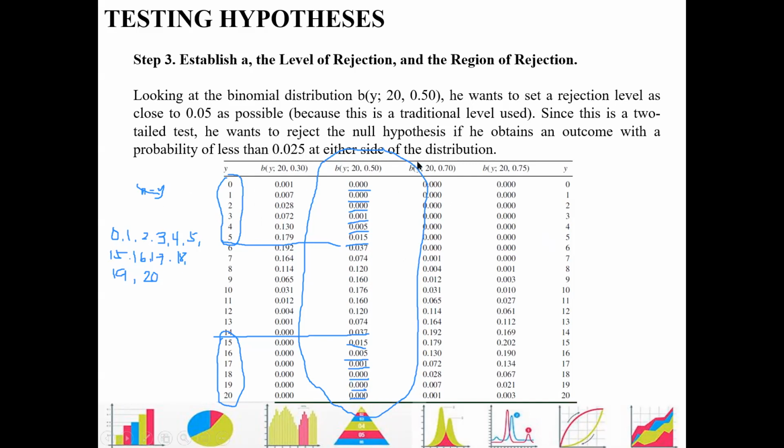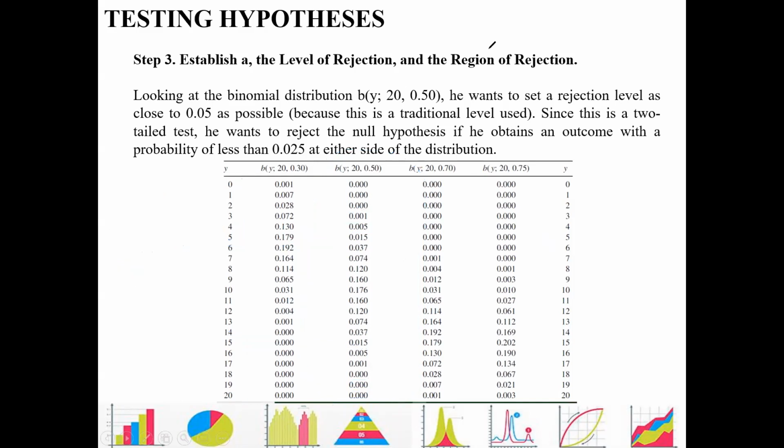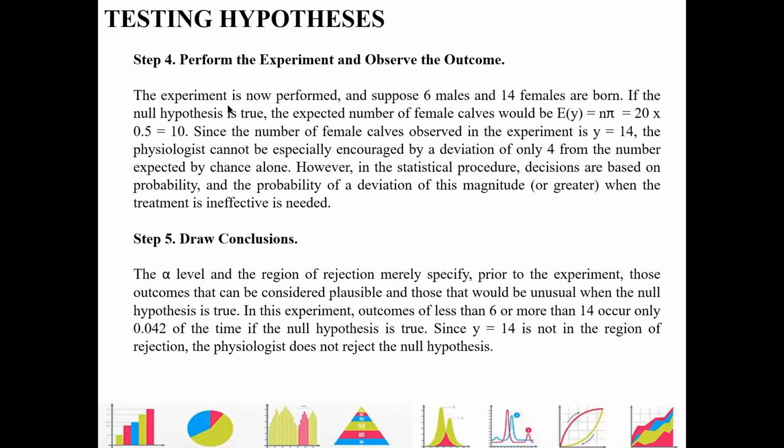So ito yung ating region of rejection. Now, once na-establish mo na yon, then we perform the experiment. So yung ginawa natin is a statistical analysis. The experiment is now performed and suppose 6 males and 14 females are born. So ito yung mahalaga sa atin na part, itong 14 females, kasi ito yung ating binabantayan.